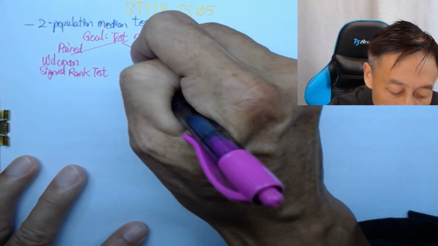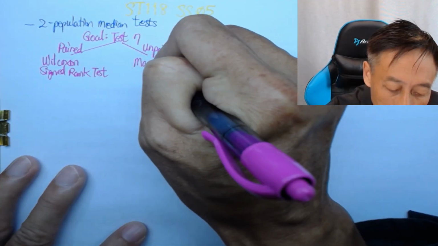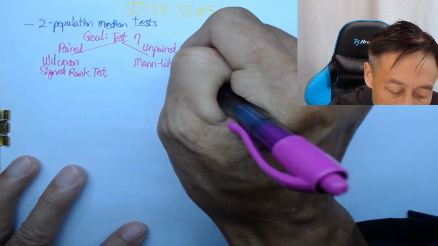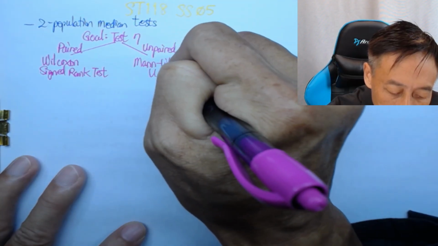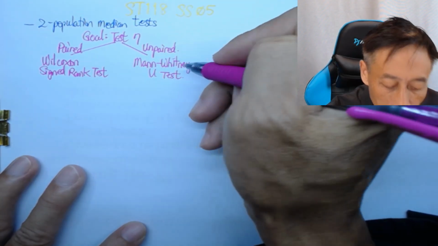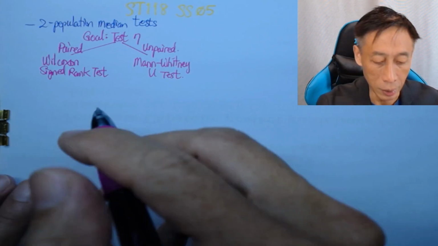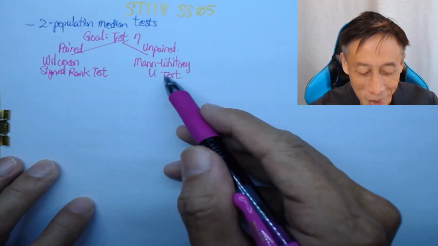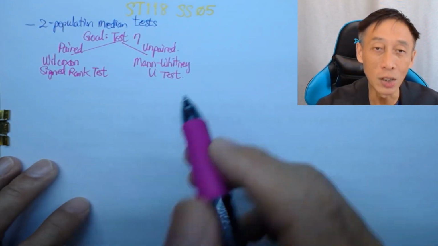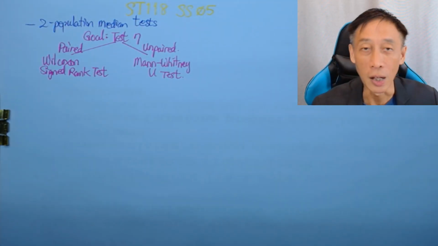For the unpaired test, we will use the Mann-Whitney U test, because the test statistic is frequently represented by U. There is also Wilcoxon W, but we don't call it the W test. It's the Mann-Whitney U test. So these two tests will be sufficient.